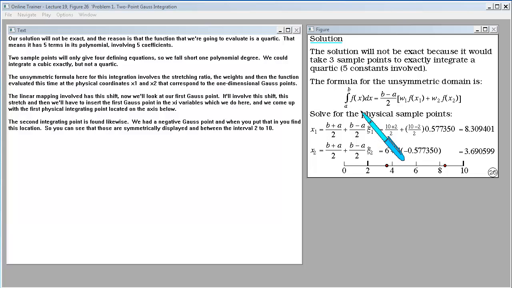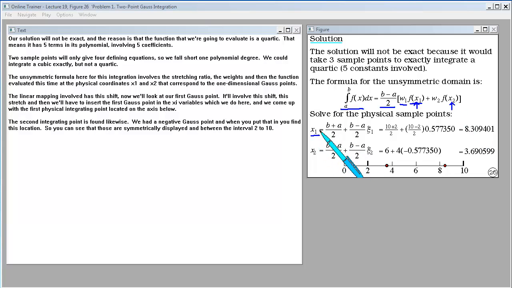The unsymmetric formula here for this integration involves the stretching ratio, the weights, and then the function evaluated this time at the physical coordinates x1 and x2 that correspond to the one-dimensional Gauss points. The linear mapping involved has this shift.